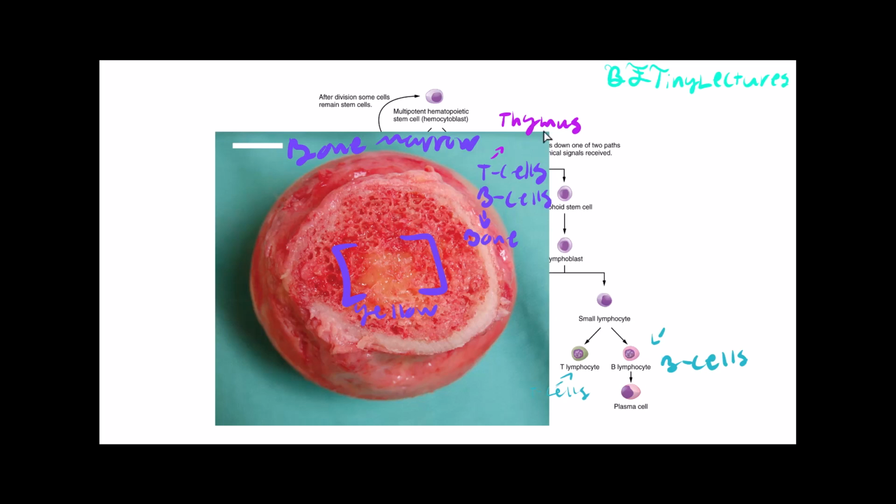They will learn how to fight for the immune system. They are mature inside the thymus. So both of these guys are going to originate from the bone marrow. The B cells stay inside the bone marrow until they are needed, but the T cells leave the bone marrow and go into the thymus so that they can mature and learn how to fight. The B cells learn how to fight inside the bone marrow.